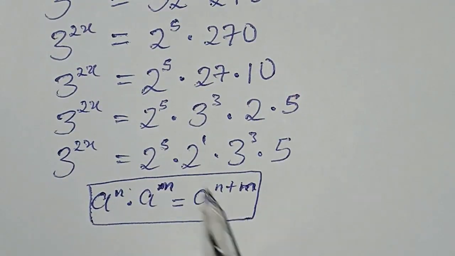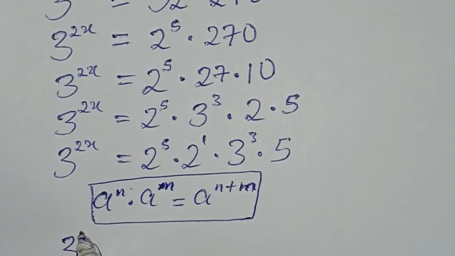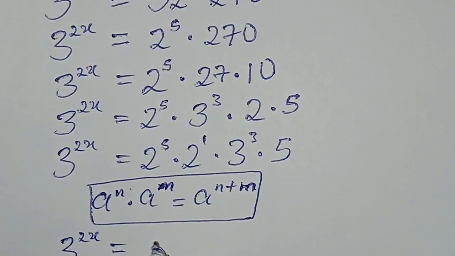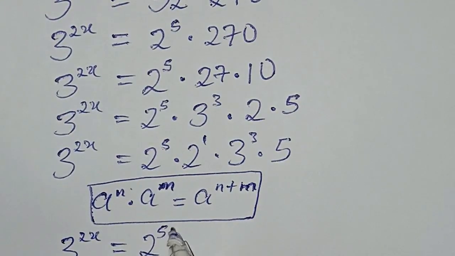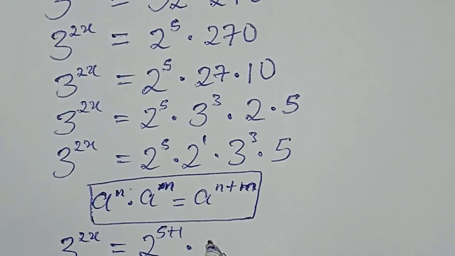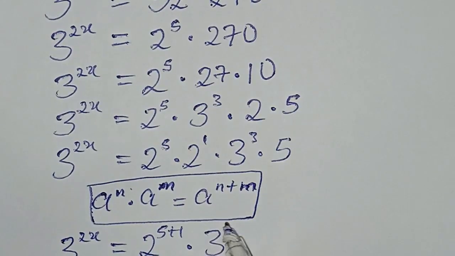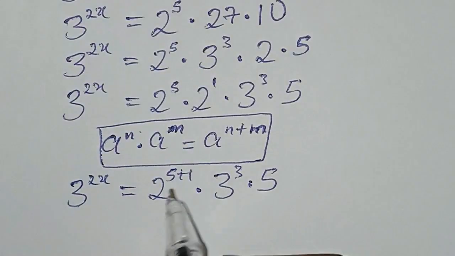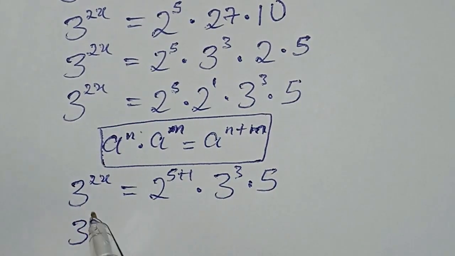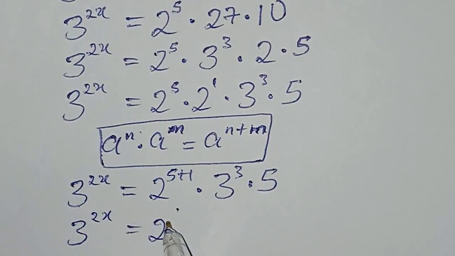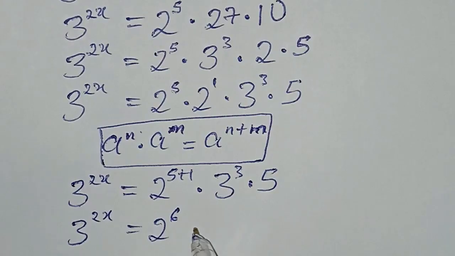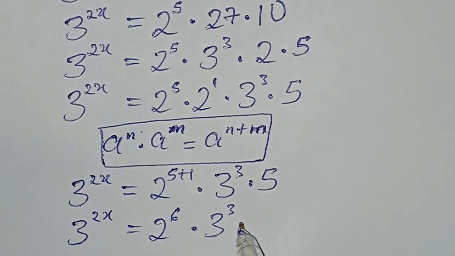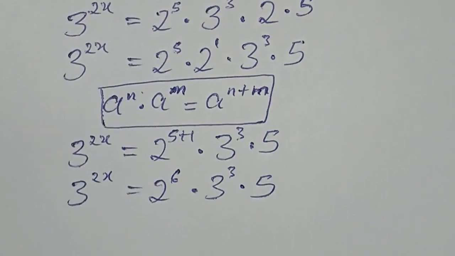Then we can put this in this form. So we have 3^(2x) is equal to 2^(5+1) multiplied by 3^3 multiplied by 5. Now this gives us 3^(2x) is 2^6 multiplied by 3^3, then multiplied by 5.